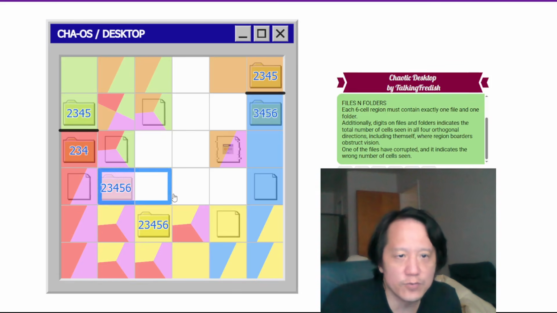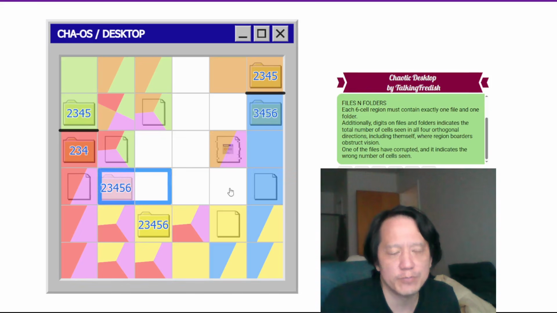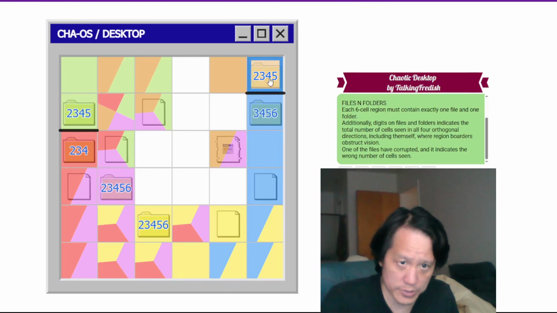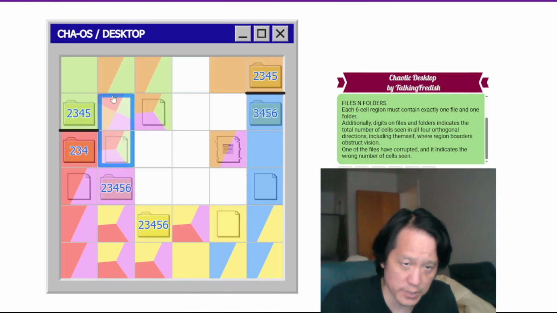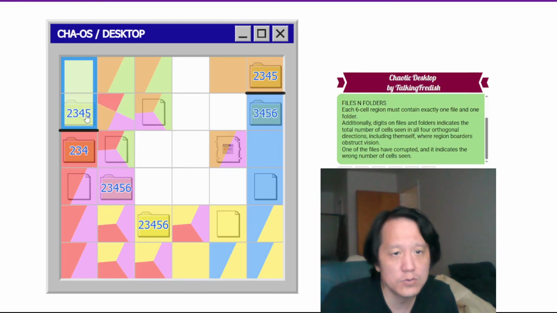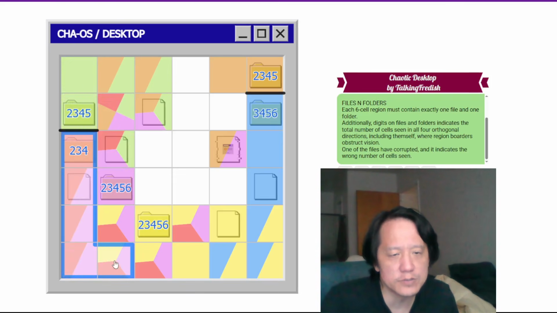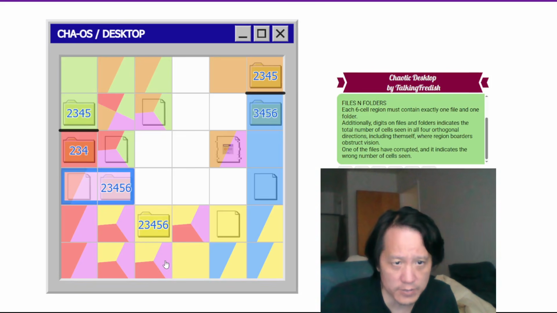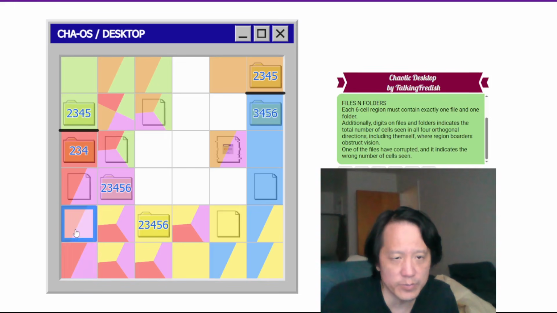So what happens if orange is here? Or pink is here? If pink is here, orange has to get to here, which means green has to get to here. Which means red goes this way. What happens if pink goes that way? If pink goes this way, that means all of these have to be pink.